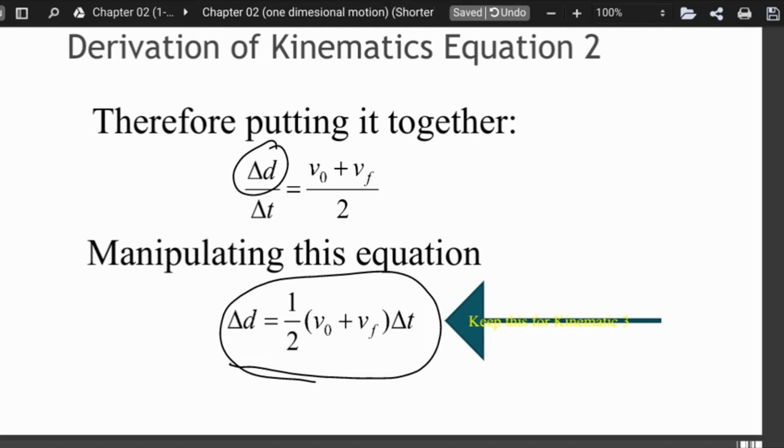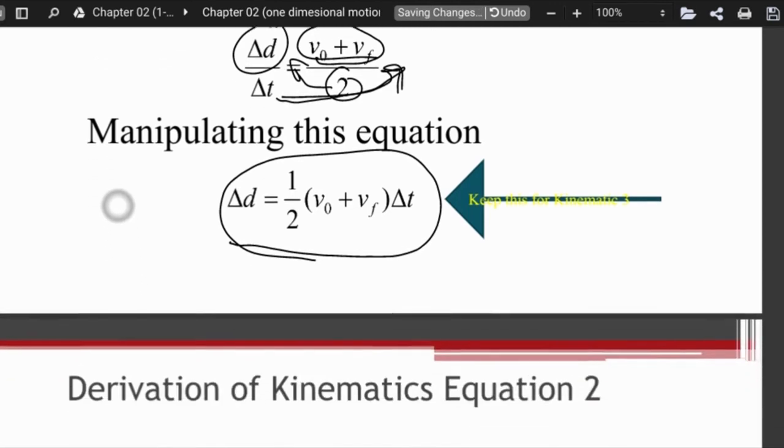All I've done is multiply both sides by t, and then I have pulled the half out. So I have 1/2 times initial velocity plus final velocity, that's your numerator, times time, which came from pulling the time over from the other side. We're going to use this equation later, but we're going to manipulate this one right now.